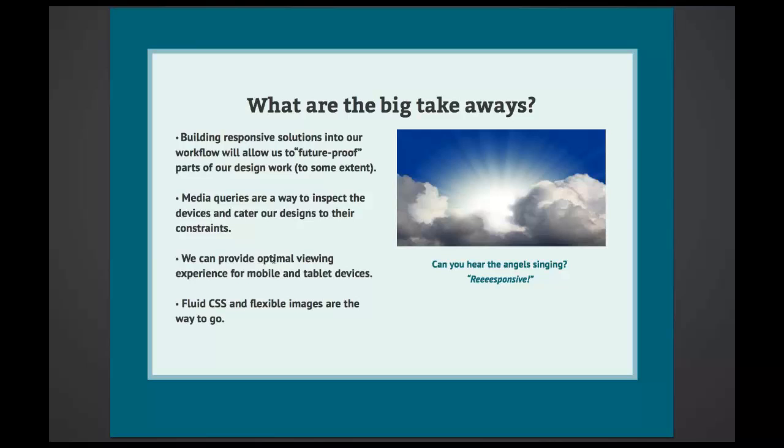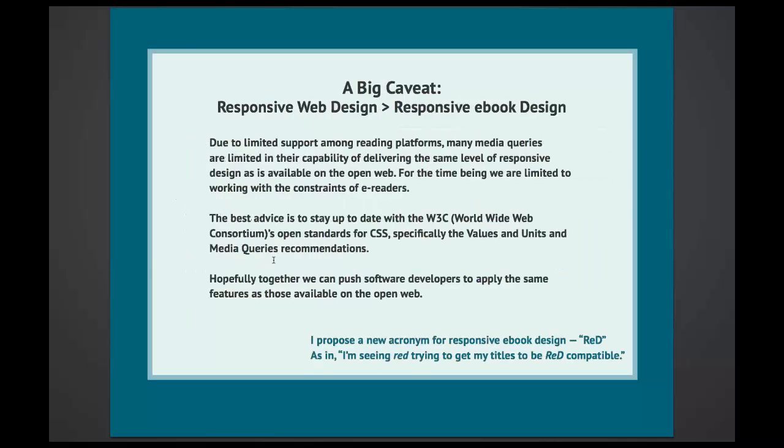So there's a big caveat here though, because responsive web design typically allows all browsers to access. It has the capability to access one CSS file for all devices. In responsive ebook design, we don't necessarily have this ability, but I mean, it is an ideal that we can work towards. And not all e-readers support media queries.